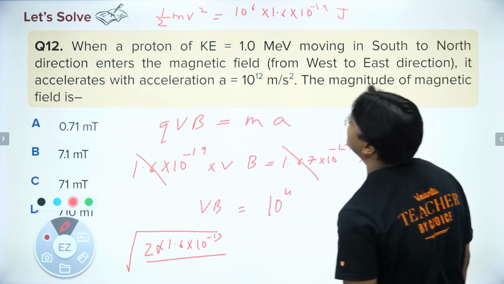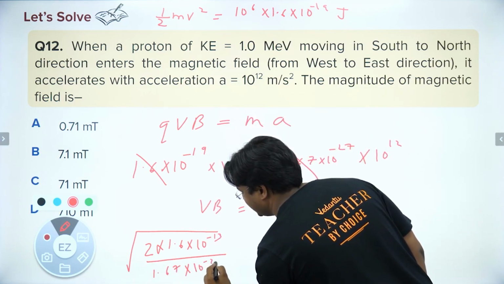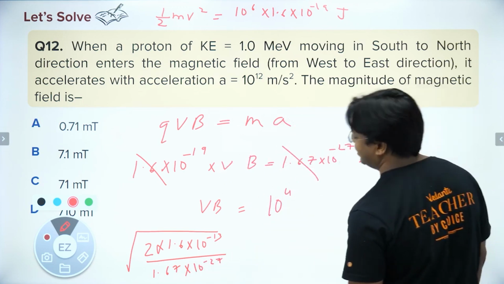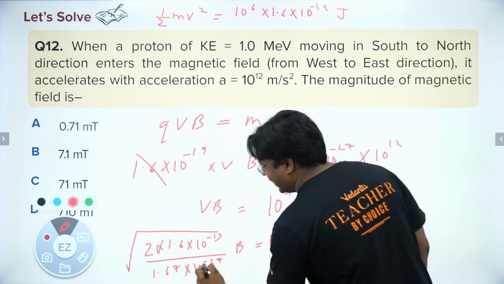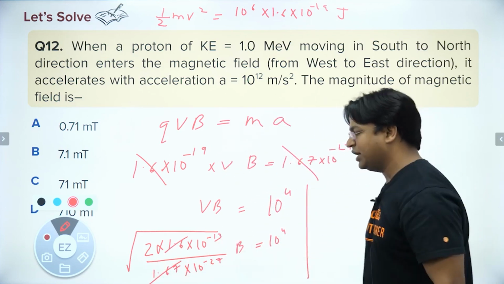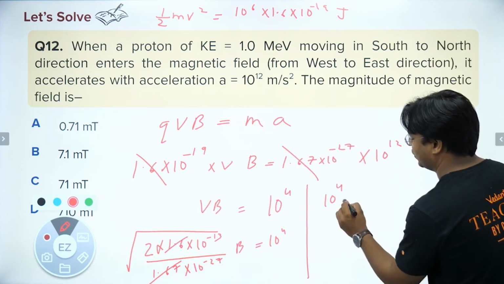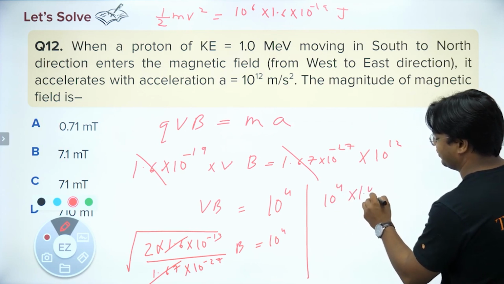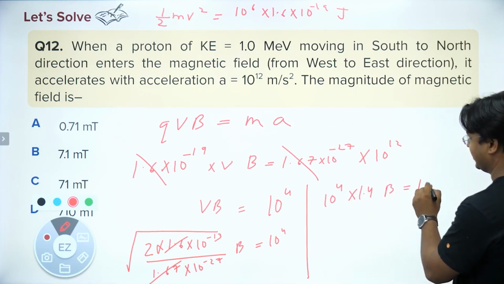Alright, divided by mass. Mass is 1.67 into 10 raised to power minus 27. So that's V, now into B is equal to 10 raised to power 4. So again we can cancel out these two. So this becomes 10 raised to power 8. It goes out. So we are getting 10 raised to power 4 into root 2, which is 1.4, into B is equal to 10 raised to power 4.